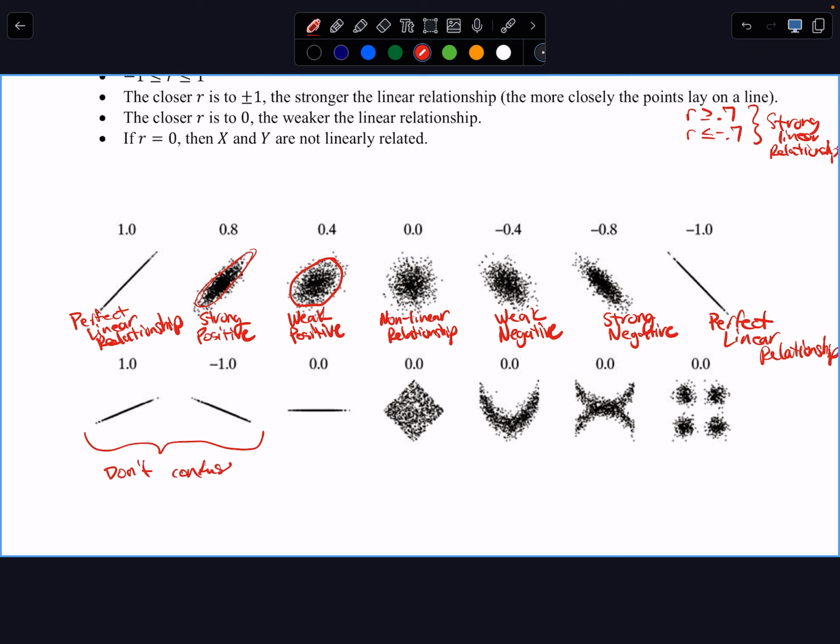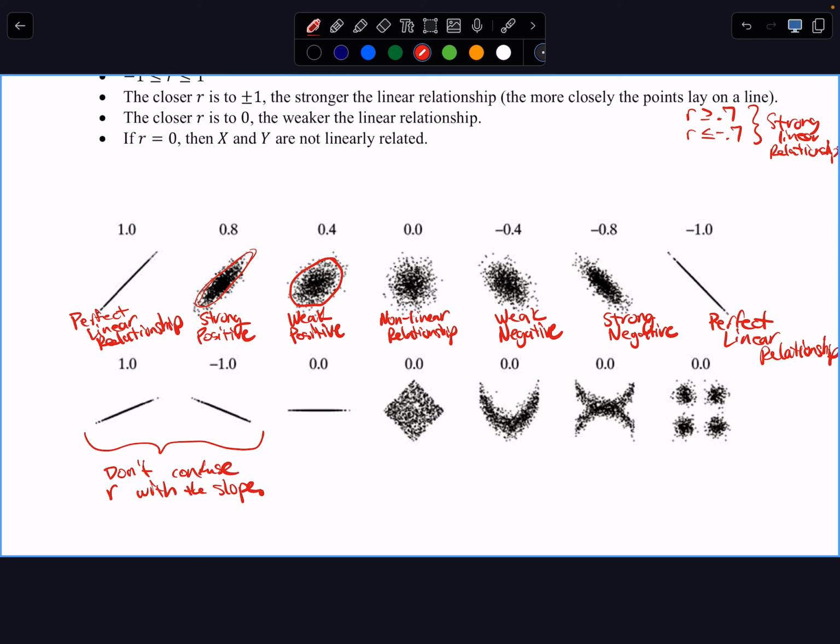Don't confuse R with the slope. No matter how steep your line is, if all of your points lie on the line and there's a slant to your line, your correlation coefficient is going to be equal to 1 or negative 1, right? So this is equal to 1 and this is equal to 1, even though they're different slopes. All right.